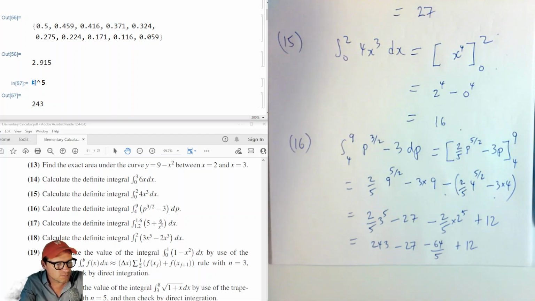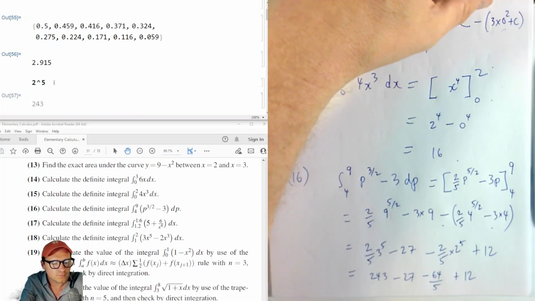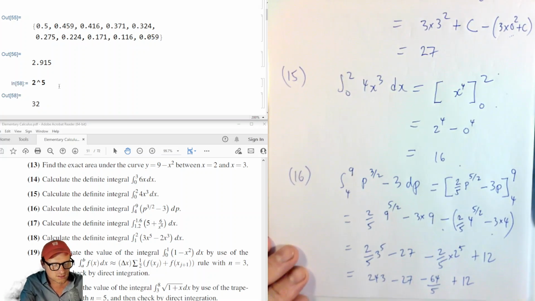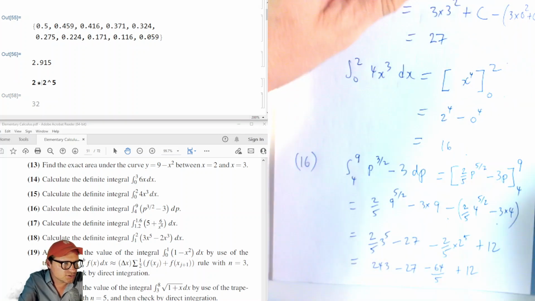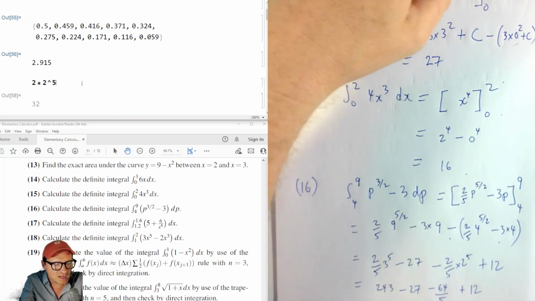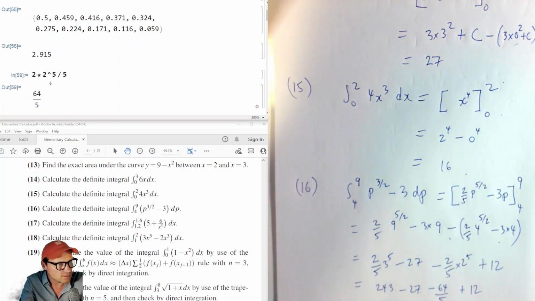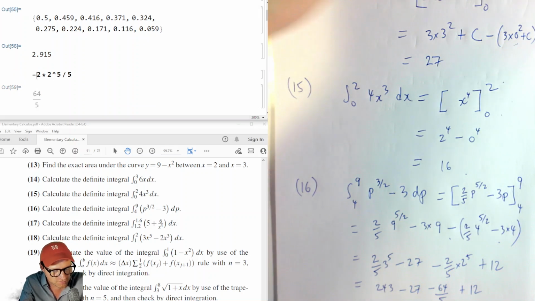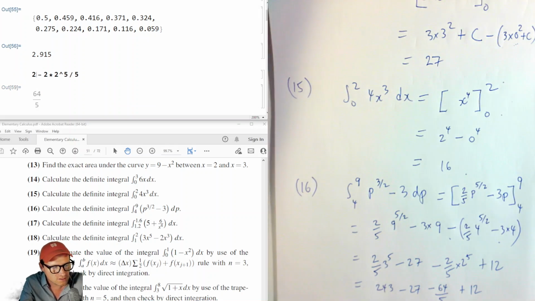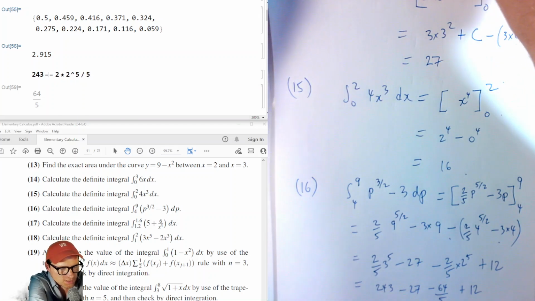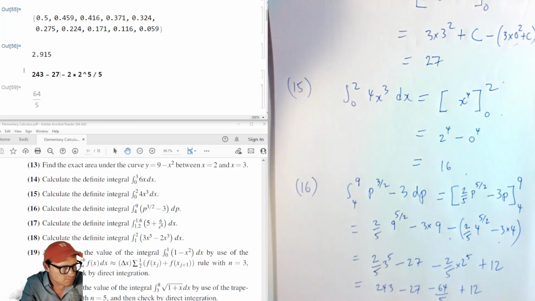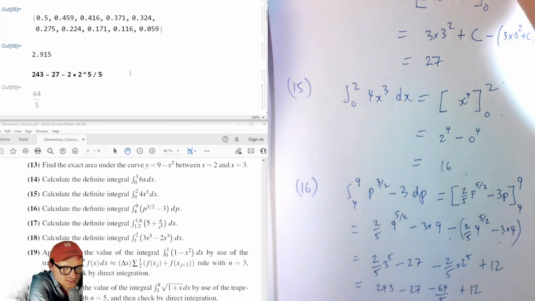Okay, let's confirm. Yes, okay. Then I'm multiplying that by 2 and then dividing the result by 5. Minus 64 over 5. Okay, so 243 minus 27, minus that fraction, and then plus 12.